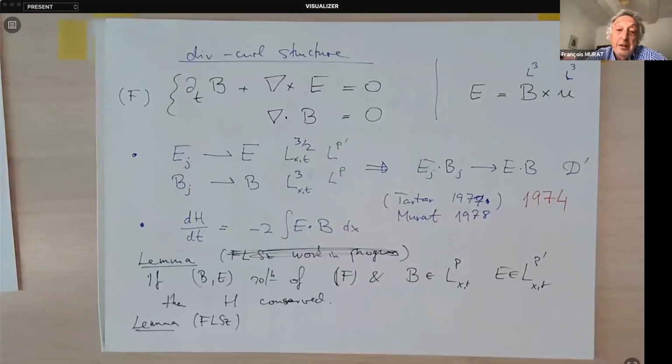What is most important for me is that this new object appeared, and very quickly we realized that it was a general setting in L2.